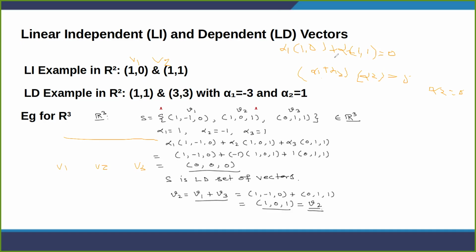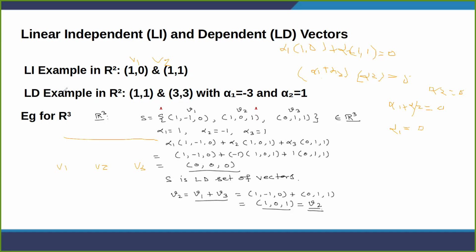If alpha 2 is 0, we put this in alpha 1 plus alpha 2 equals 0, and since alpha 2 is 0, we cancel that, so alpha 1 is also 0. Since alpha 1 and alpha 2 are both 0, this is an example of linearly independent vectors, (1, 0) and (1, 1).